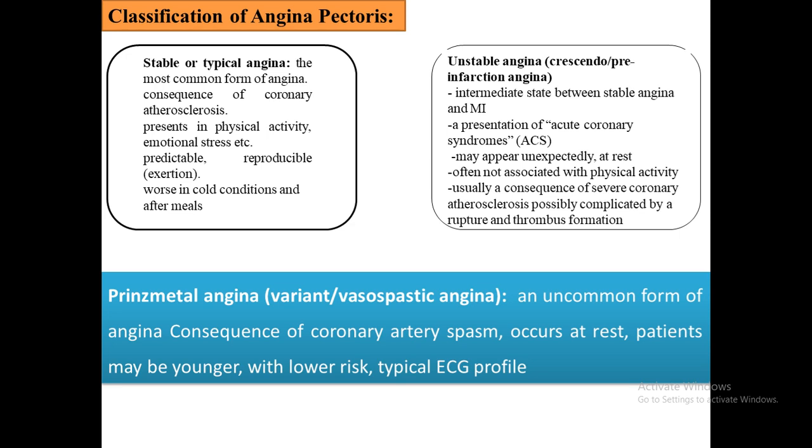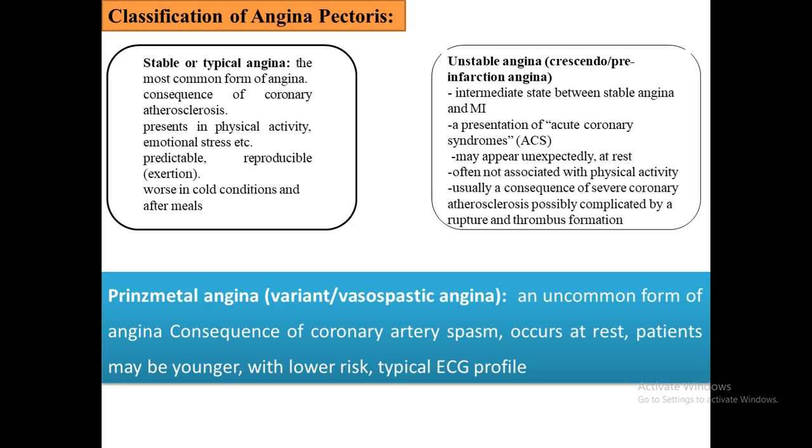A presentation of acute coronary syndrome may appear unexpectedly at rest, often not associated with physical activity, usually a consequence of severe coronary arteriosclerosis, possibly complicated by rupture and thrombus formation in the artery. This creates a problem for the proper blood supply to the heart. That's why this condition arises, and we term it unstable angina.